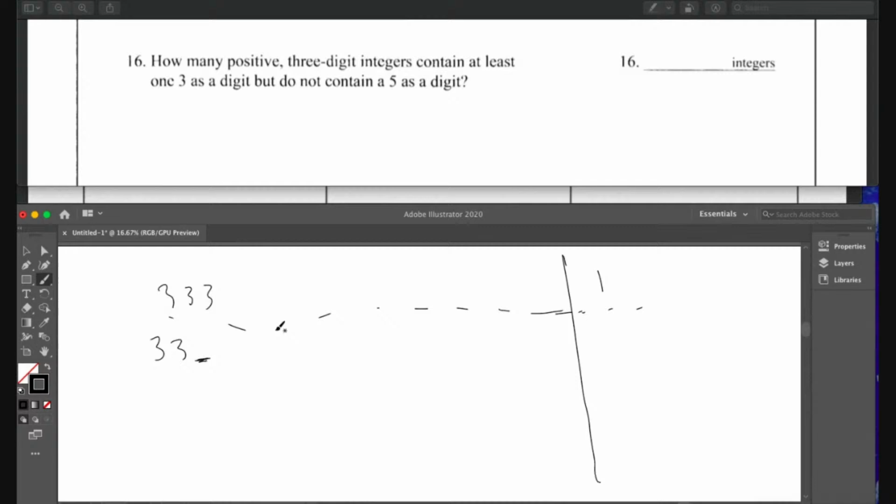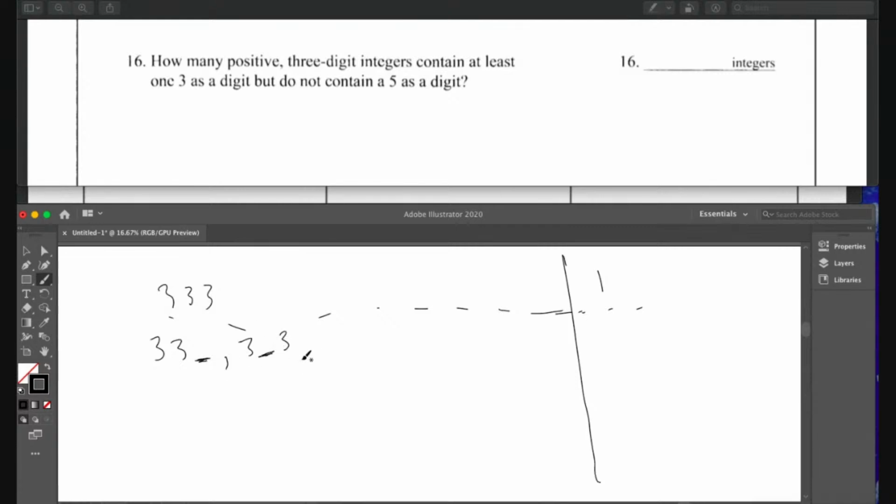Well, this is also going to be the same as if we had 3, and then this spot is not a 3, and then this is a 3, right? Because both these positions are the tens or ones place, and they can have the same digits in them, and we don't care about the tens and ones place individually, so these are the same case.